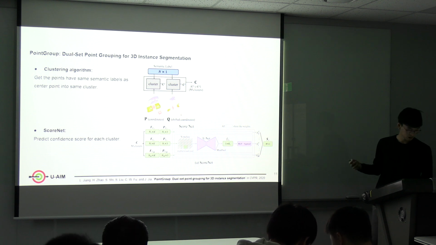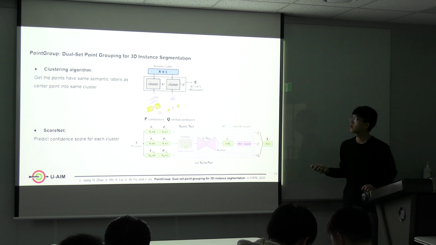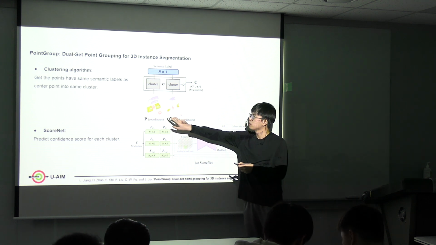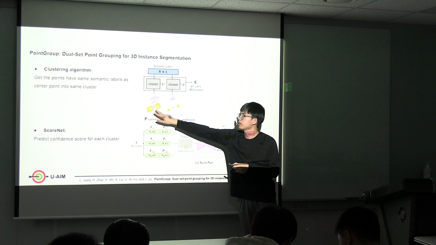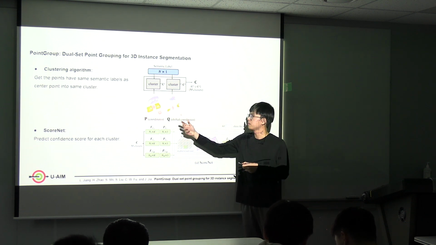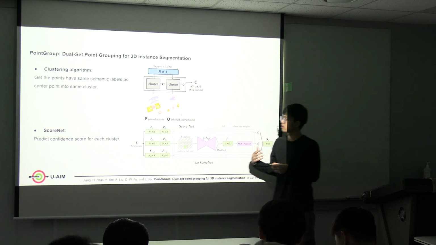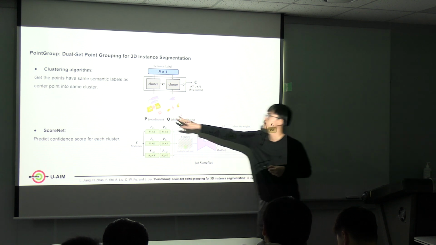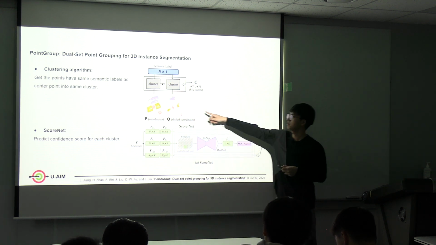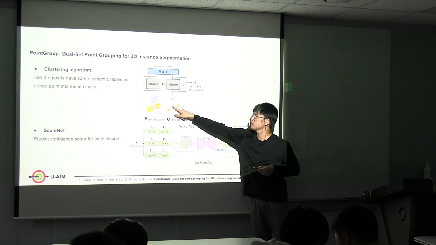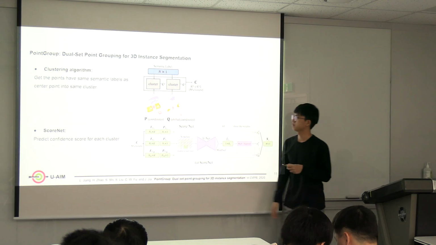They do it in the shifted coordinate because if you have two instances with the same semantic class close together, they usually fail and get clustered into the same instance. So they shift the points and conduct the clustering algorithm to get a better result.